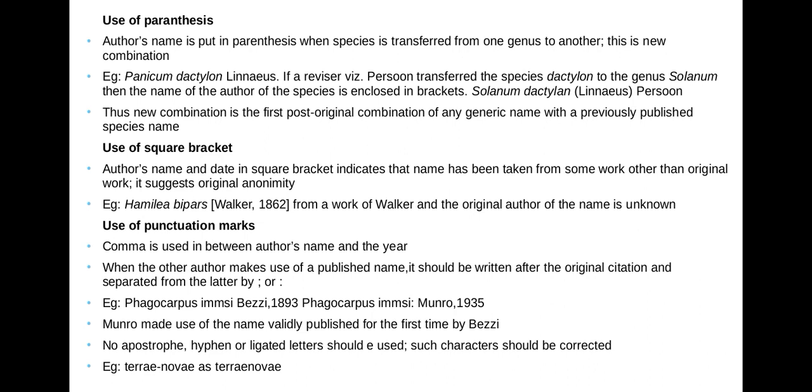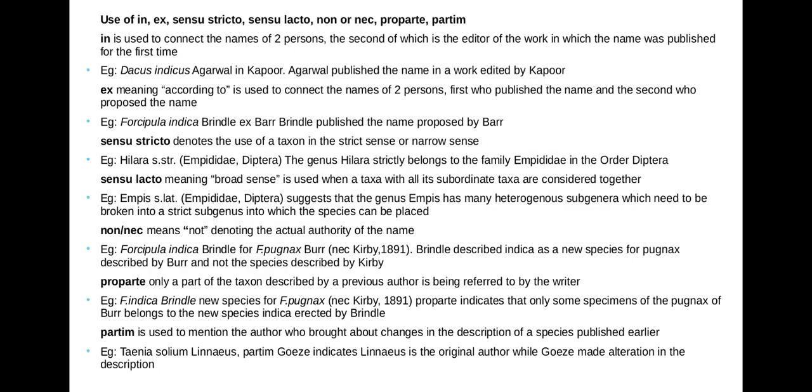No apostrophe, hyphen, or ligated letters should be used. Such characters should be corrected. Then use of in, ex, sensu stricto, sensu lato, non or nec, pro parte. I'm not sure about the pronunciation of these words. Pardon me for that.